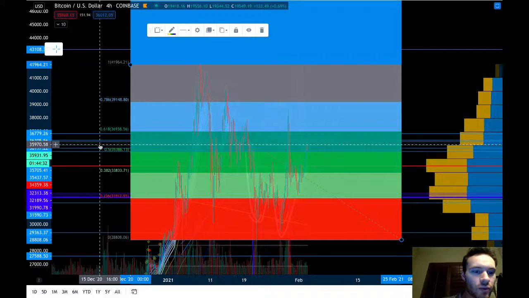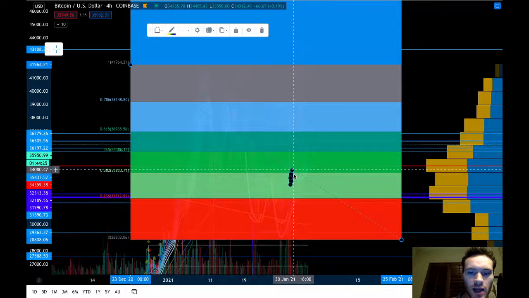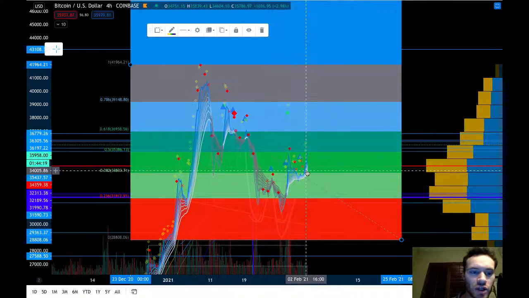So essentially we're in this area right here. What is this? The 0.5 level right here. We broke through, it looks like, you can see the price action. Let me see, yeah. We bounced off of this level right here, which is huge.